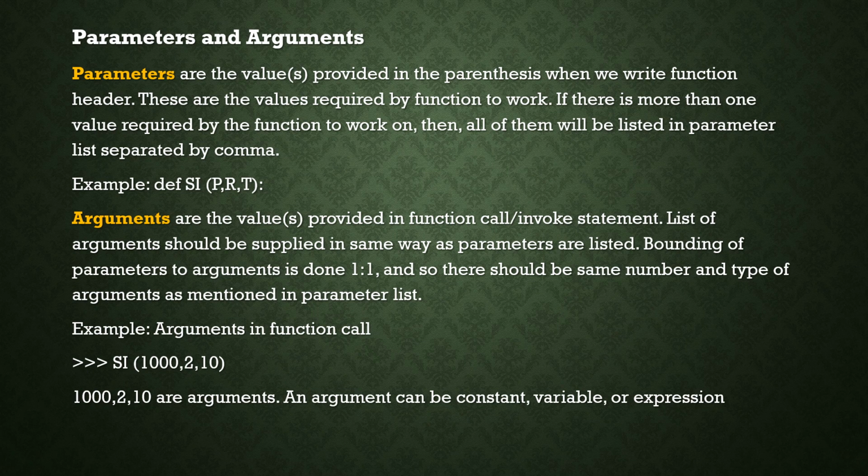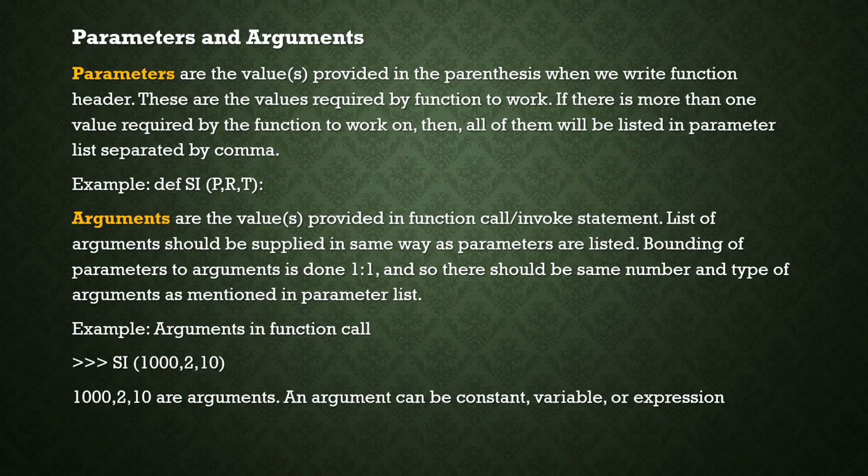Here an example is also given. Arguments in the function call: si(1000, 2, 10). Here 1000, 2, 10 represent p, r, t, which are already given in the function parameters.